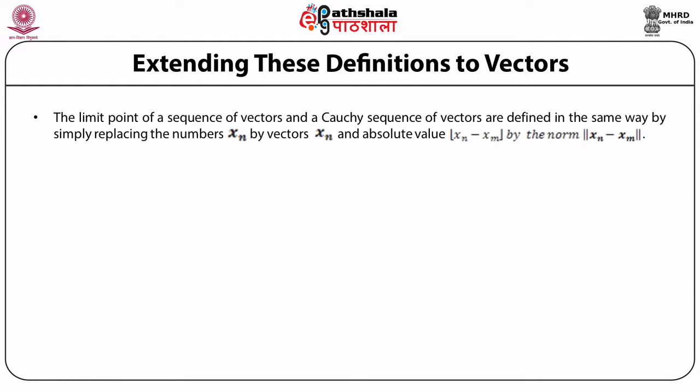So, the limit point of a sequence of vectors and a Cauchy sequence of vectors are defined in the same way by simply replacing the numbers xn by the vectors xn, and the absolute value of the numbers xn minus xm is then replaced by the norm of the vector xn minus vector xm.